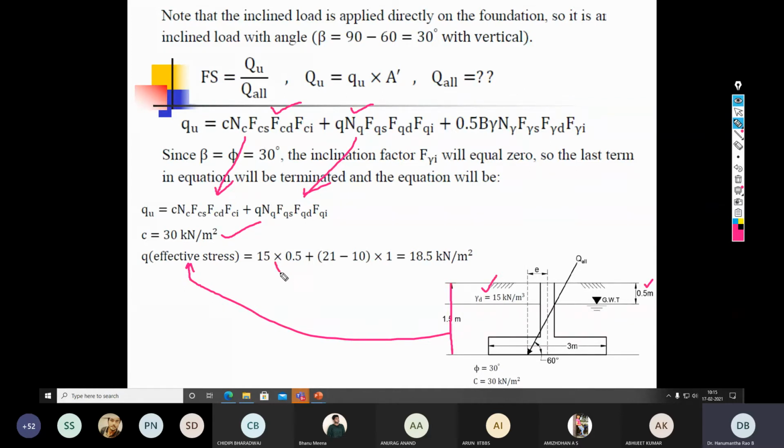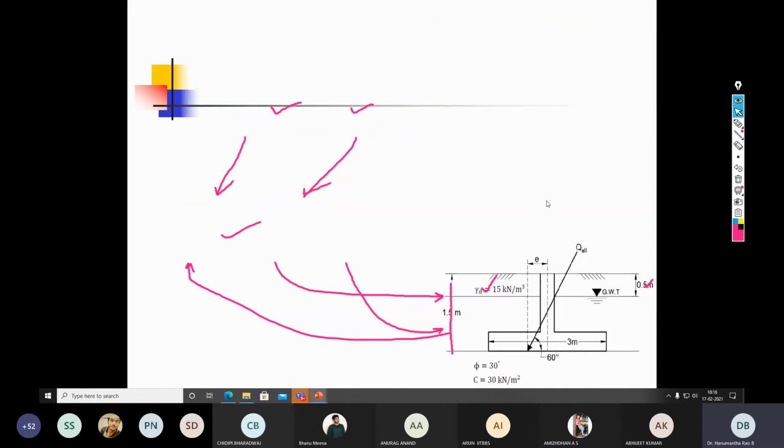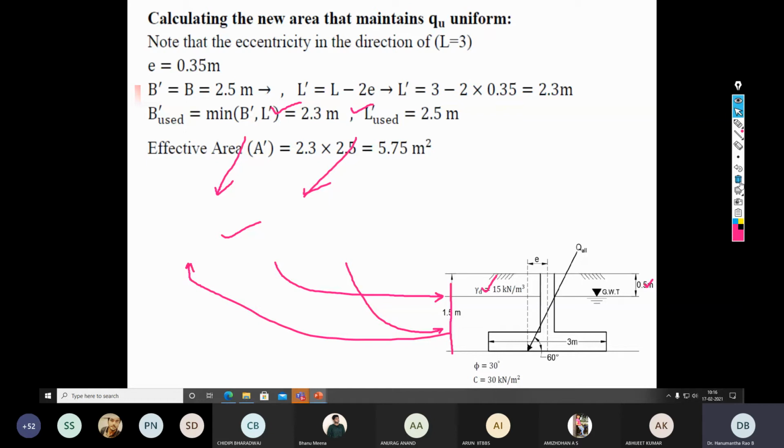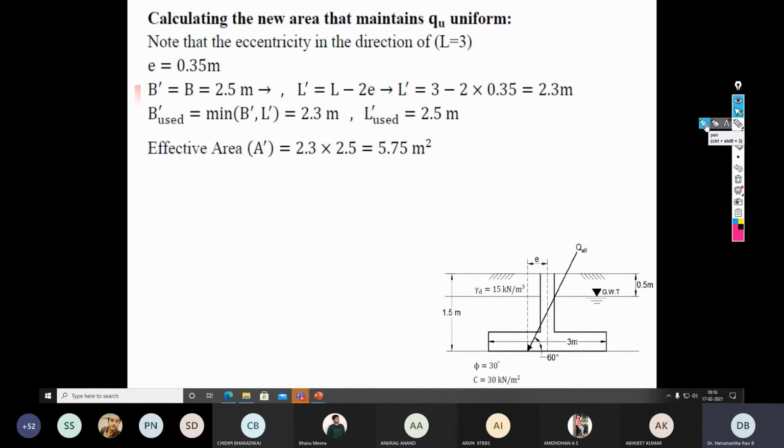Therefore, dry unit weight into 0.5 and submerged into the remaining 1 meter. So the total effective overburden pressure is 18.5 kilonewton per square meter. The eccentricity is already given, that is 0.35 meter.